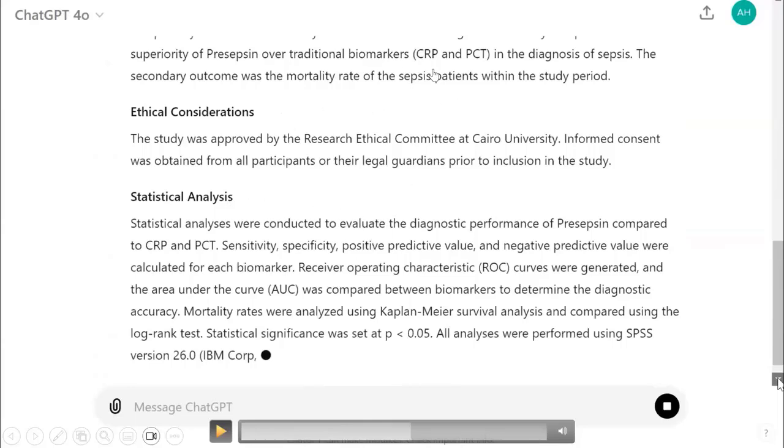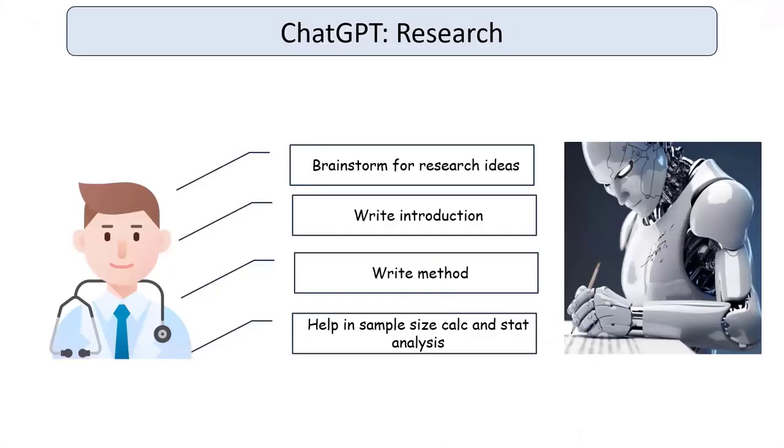But as we see from the type of study, where we measure a biomarker to test diagnostic accuracy, it felt that this type of analysis should be done through the receiver operating characteristic curve and measuring the area under the curve. So it can suggest the statistical analysis based on the data in the methodology.